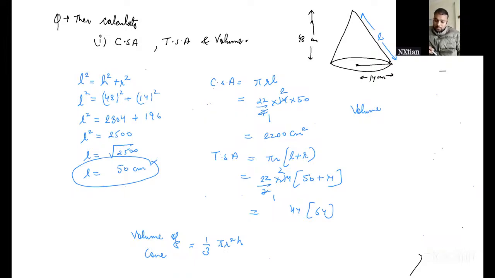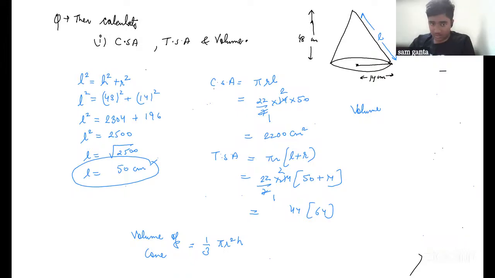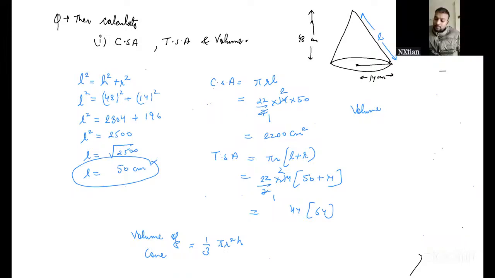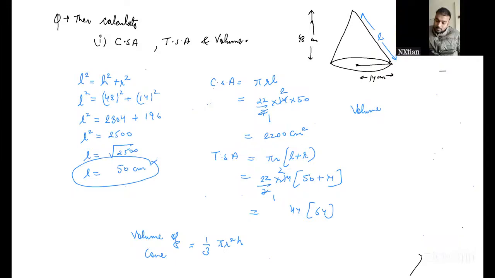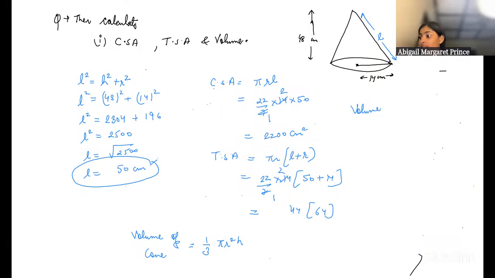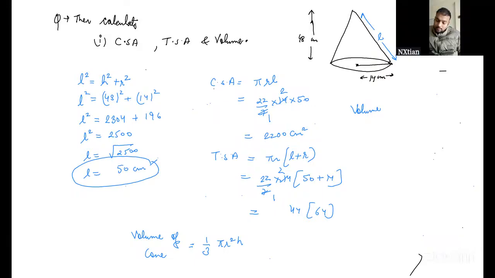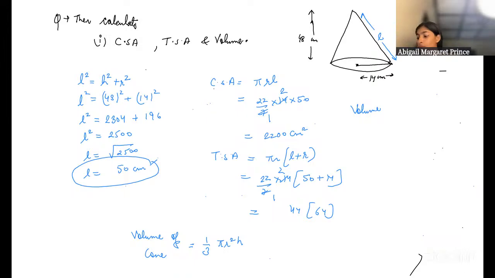Now we'll move to the next topic. Sir, wait, sir. Yes, Abigail. I have a doubt in yesterday's homework. Just one question. The fourth question. Okay, just give me a second. What's the chapter number? 21.